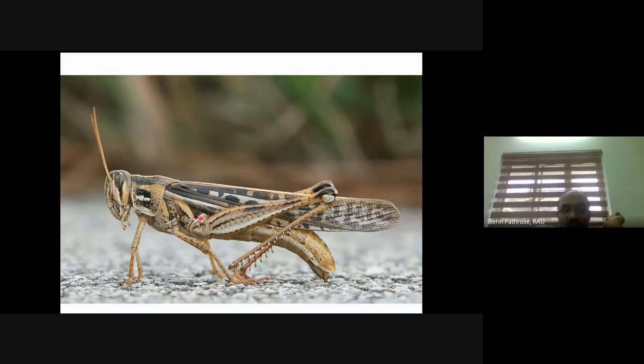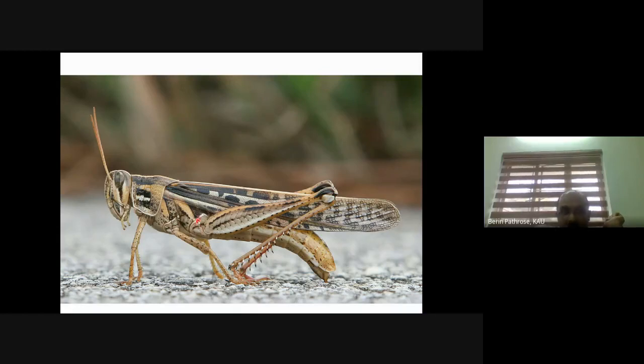So this is the coxa, this small one is the trochanter, and see the femur. The femur is extremely enlarged. The femur is large in size and it consists of muscles, while the tibia is elongate. And all what you see is the tarsus.